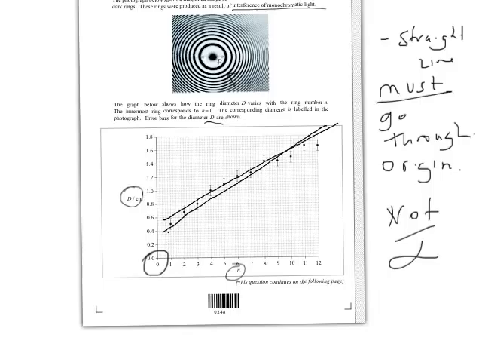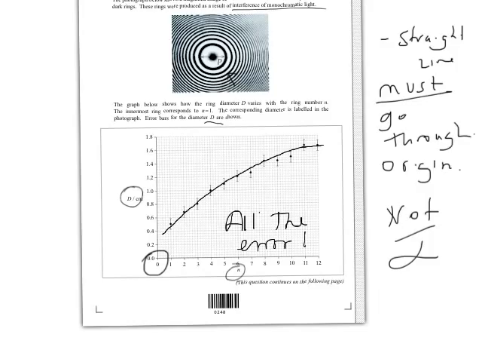And that's what you should always do when you're trying to draw a line of best fit. You must include all the dots, all the points, and your line must go through all the error bars. And if it doesn't, then you need to think about whether it's a line or a curve. In this case, it's actually a curve. And if you try and draw a curve through all the points, you should be able to go through all the error bars. And remember that, you must go through all the error bars.